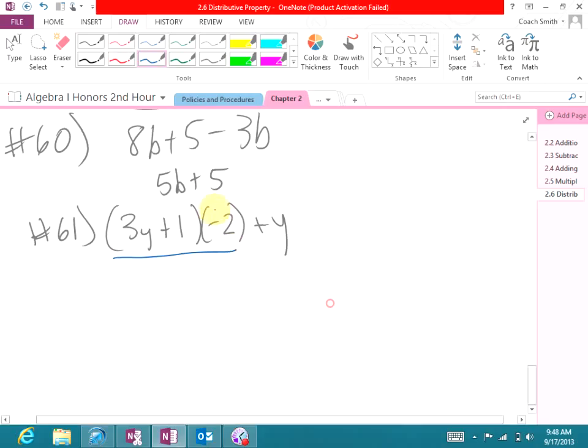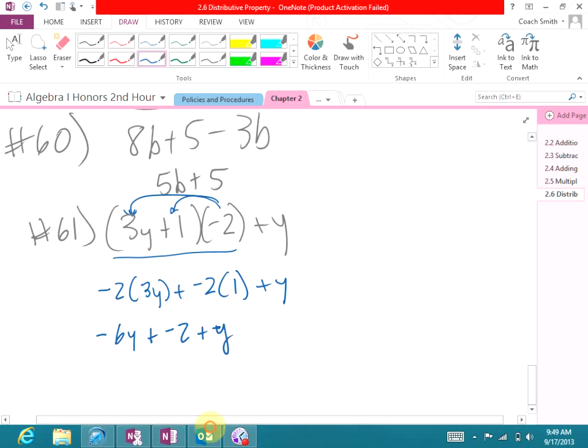I have to distribute the negative 2 to both things in the parentheses. That gives me negative 2 times 3y plus negative 2 times 1 plus y. The plus y we're going to deal with at the very last. So that gives me negative 6y plus negative 2 plus y.